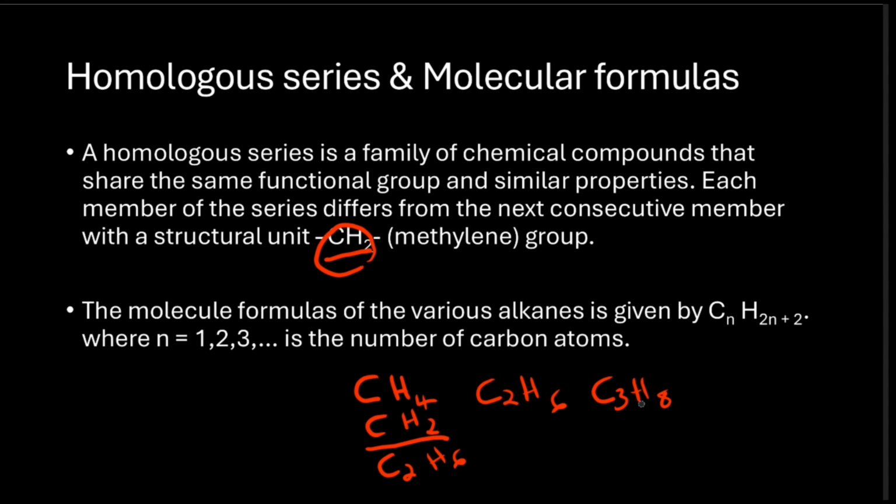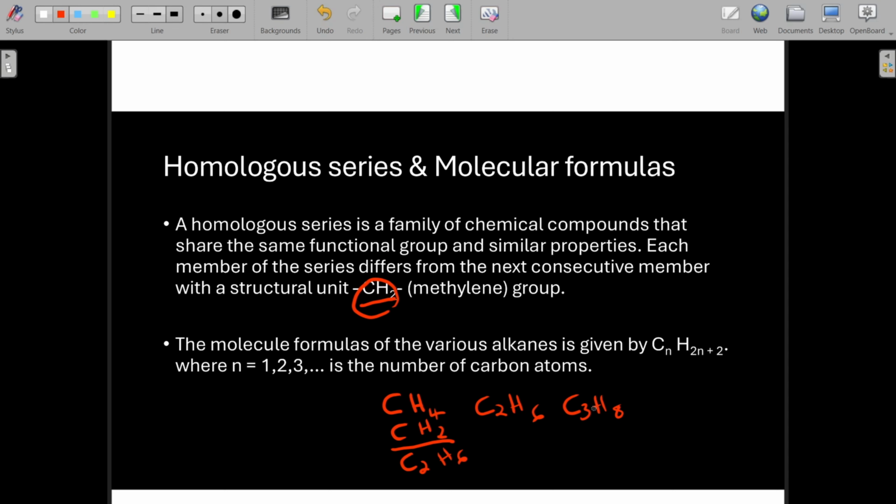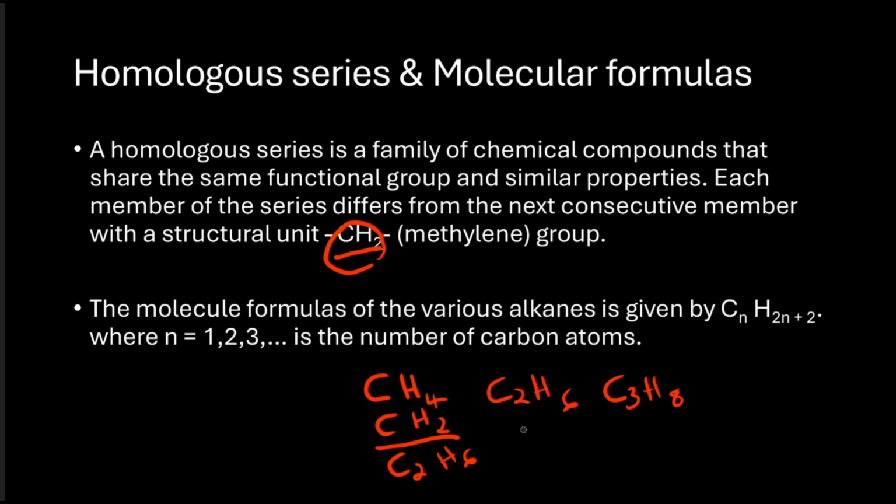Likewise, if we should get to this, an alkane with 3 carbon atoms, we'd have to add CH2 to this, and then we have C3H8 to give us this. So each of these alkane molecules differs from their successive or consecutive member by a methylene group.